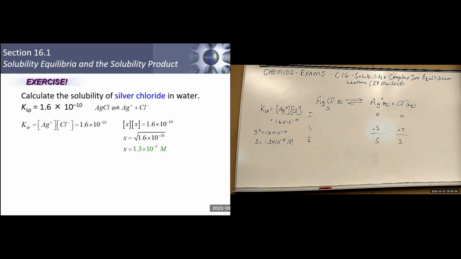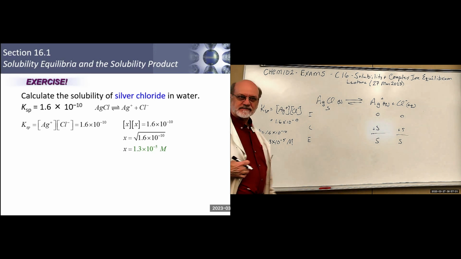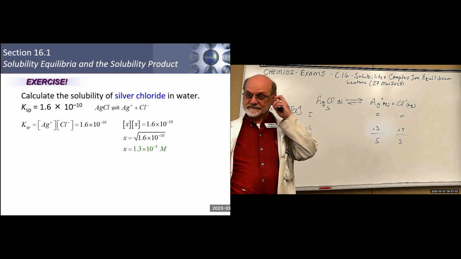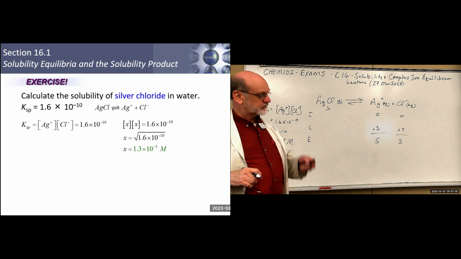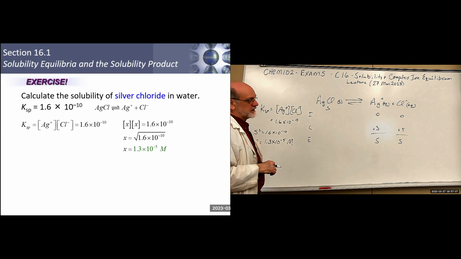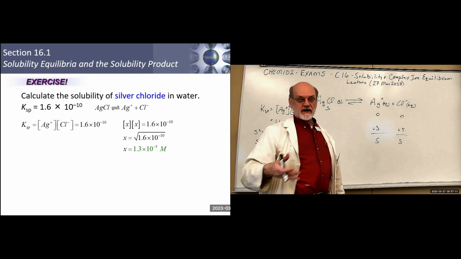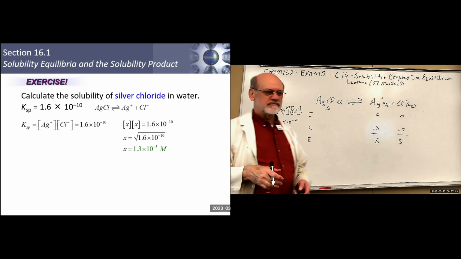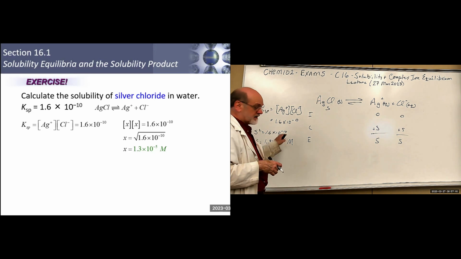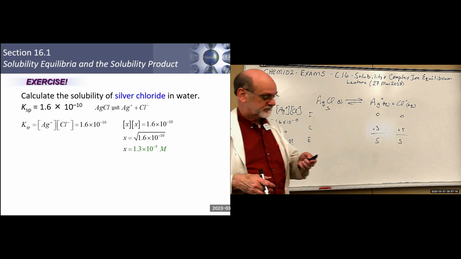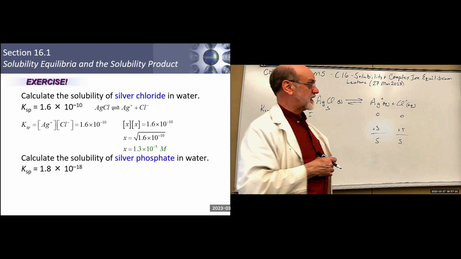So silver chloride is not very soluble in water. That's why that previous chart listed it as insoluble. It's a very, very small amount. In fact, some compounds are even smaller than that.